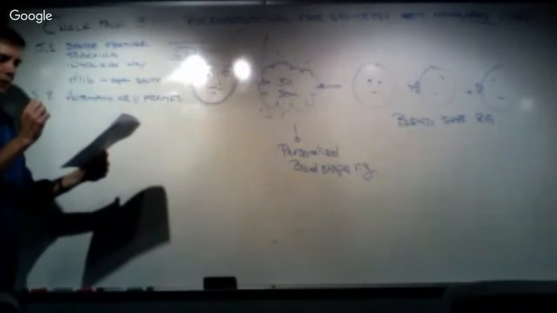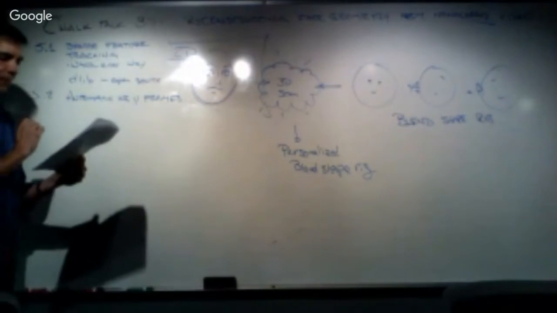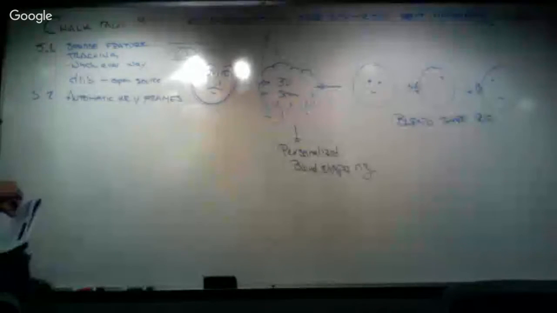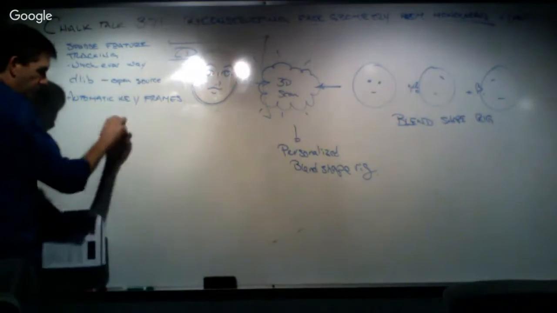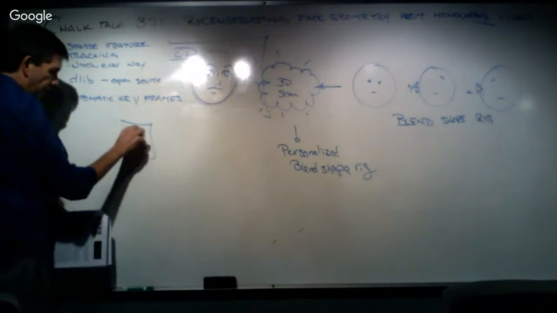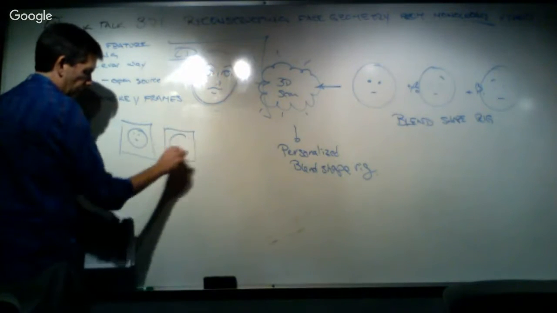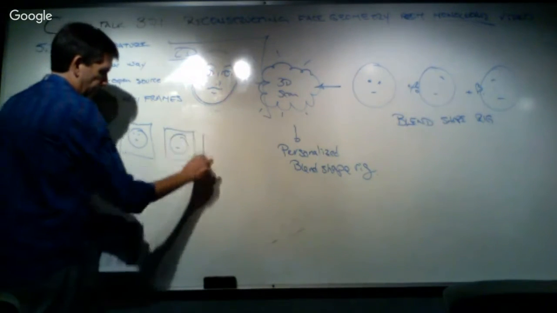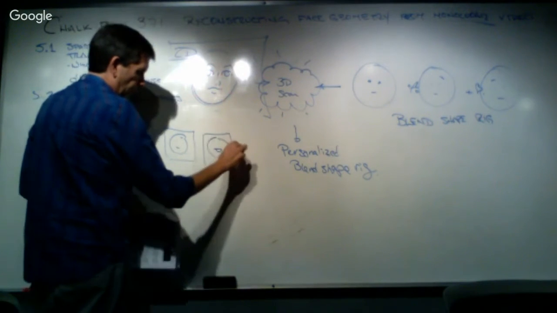To account for such errors, we correct the features locations using accurate optical flow between keyframes. So think about this. The whole idea is we've got a sequence of animation, right? We've got animation of this guy where he starts out in a neutral frame, and then he raises his eyebrow, maybe smiles, and he starts talking, and so on.